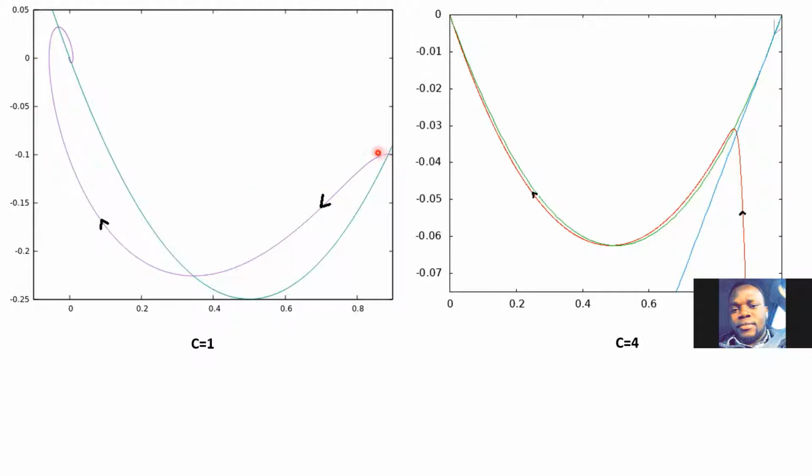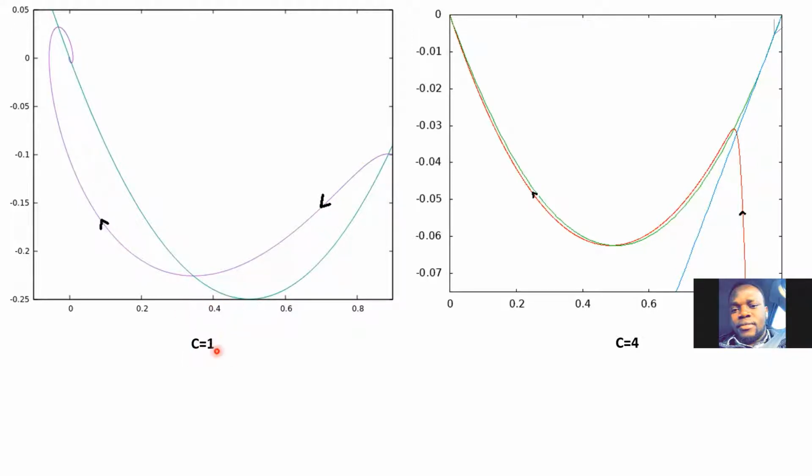When you cross the null line here, the derivative with respect to P becomes positive, and you start to increase. Here you can observe that the dynamic is coherent with the focus nature of (0,0) for c equals 1.